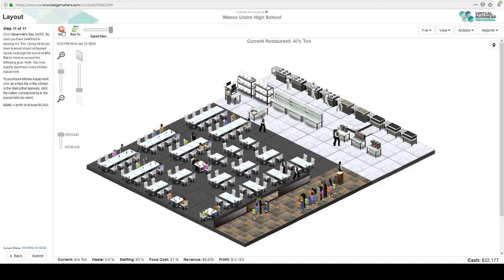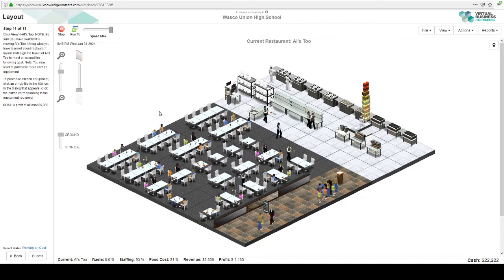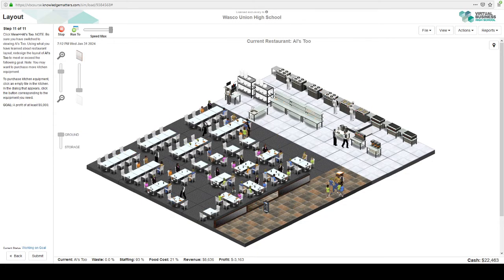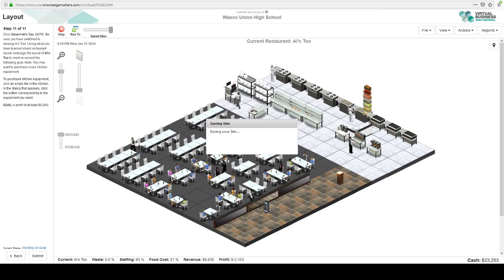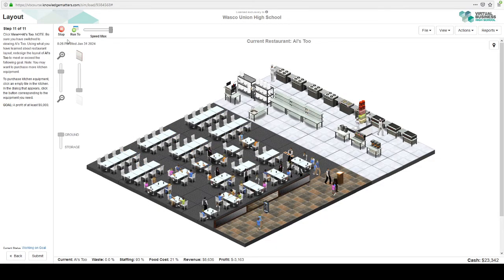Let's get these guys out of the way. So you would think about midnight, the customers would go away. Alright, there we go. Now we can work.